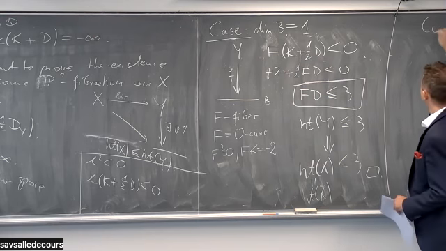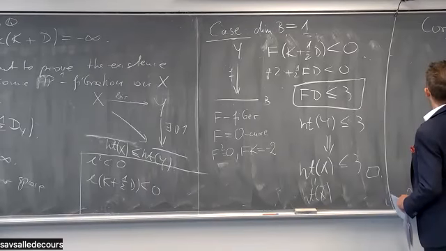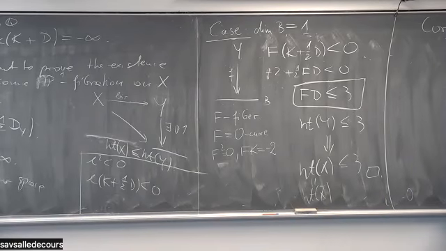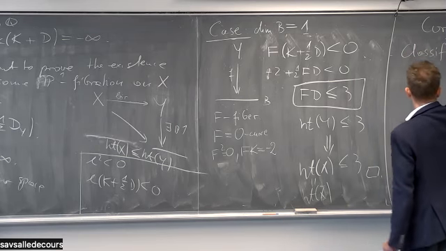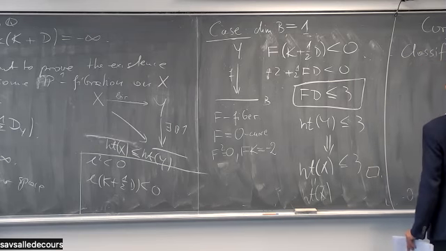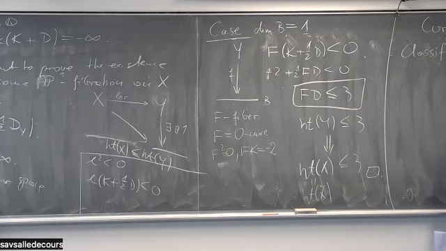Corollary. If you want to classify del Pezzo surfaces of rank 1, you can reduce this problem modulo the classification in the easy case.